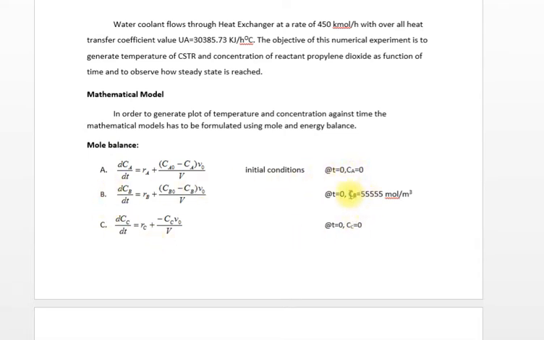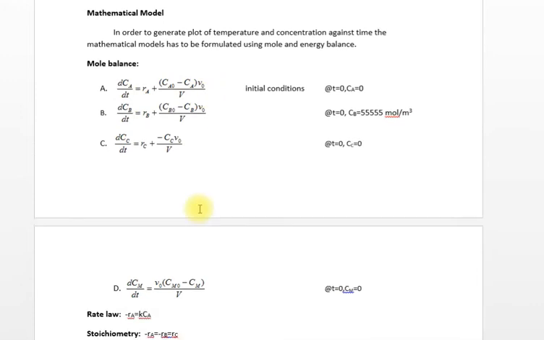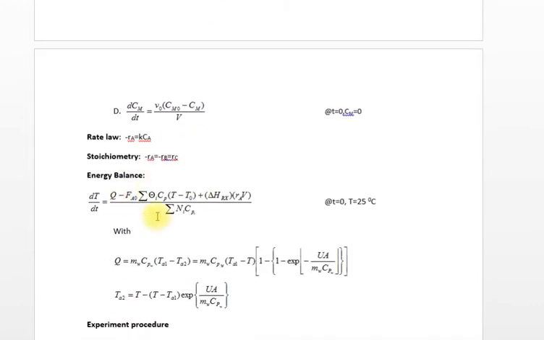As you can see, we start with the water, so water is already there, and the concentration is this much. So there is an unsteady state mass balance and an unsteady state energy balance. All of these are ordinary differential equations, which we will model in MATLAB.